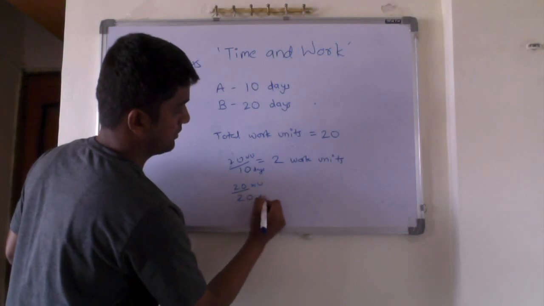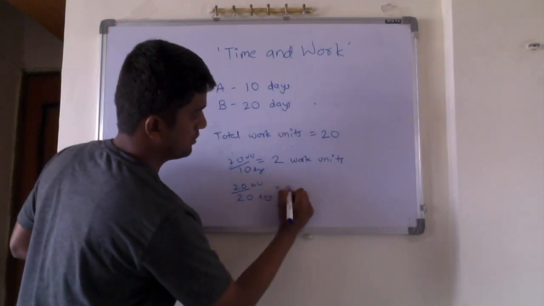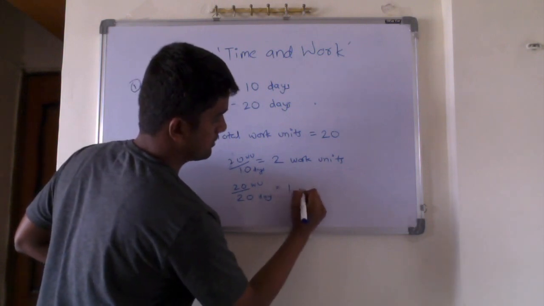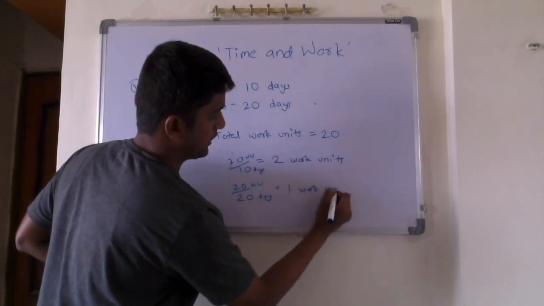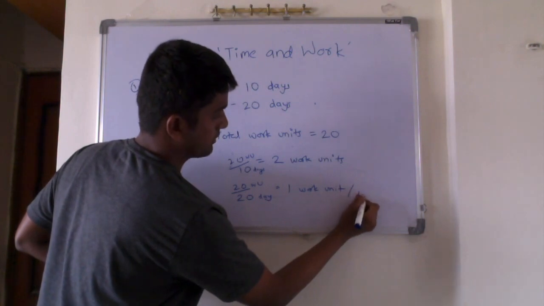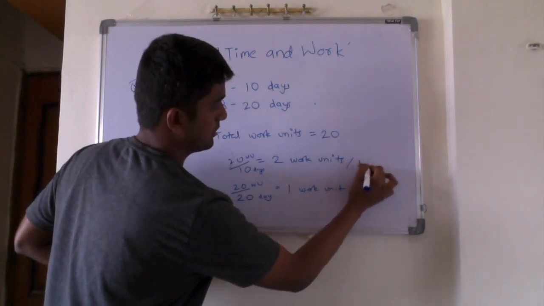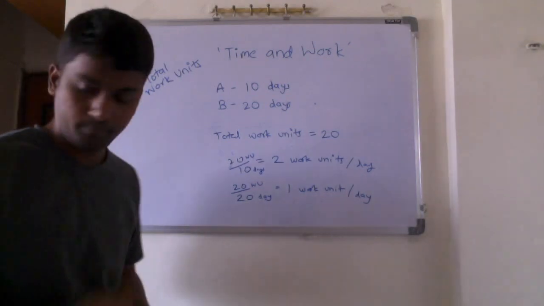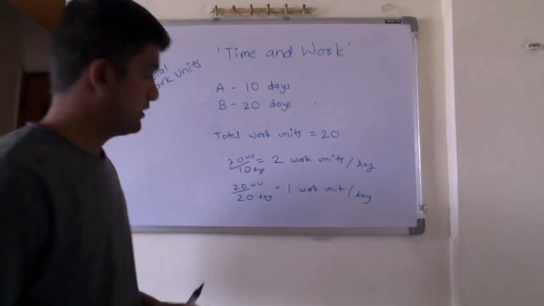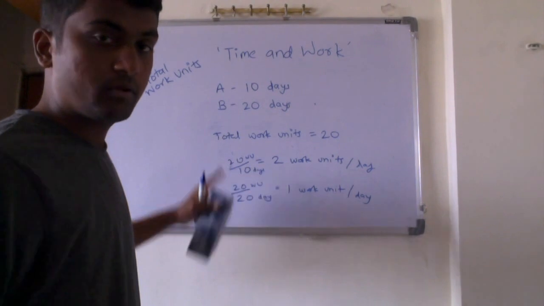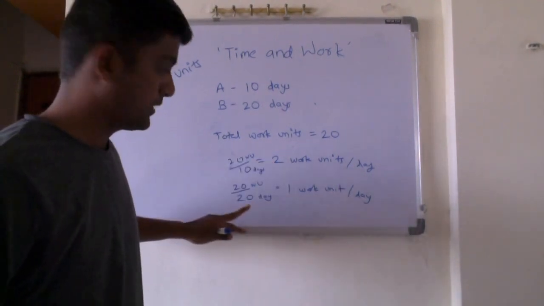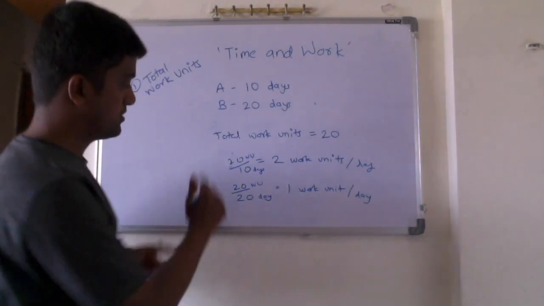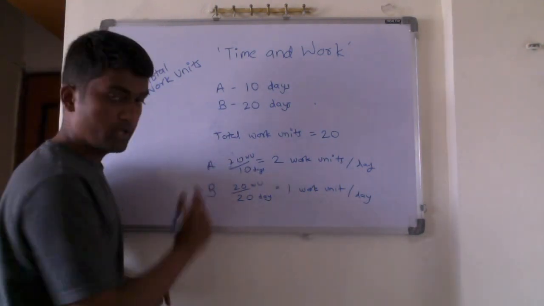Now we can see here that A is more efficient because he is able to do more work in one day as compared to B. This is A, this is B.